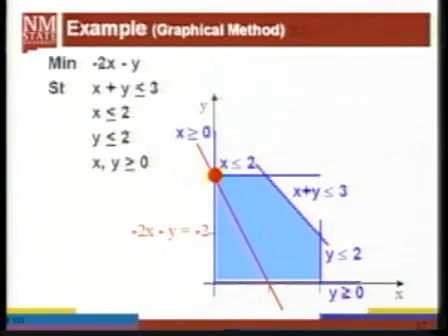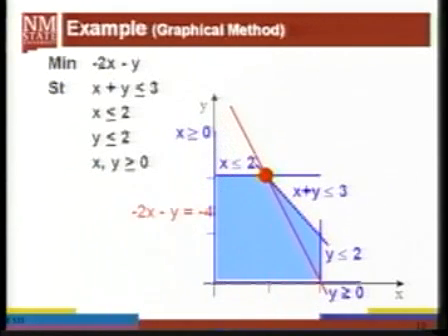And by moving parallel to the iso value line in a northwest direction again, we could improve the value of g, which is negative 4. Okay? Because our objective is to minimize negative 2x minus y, if we have a smaller value, it means our objective function value has been improved.